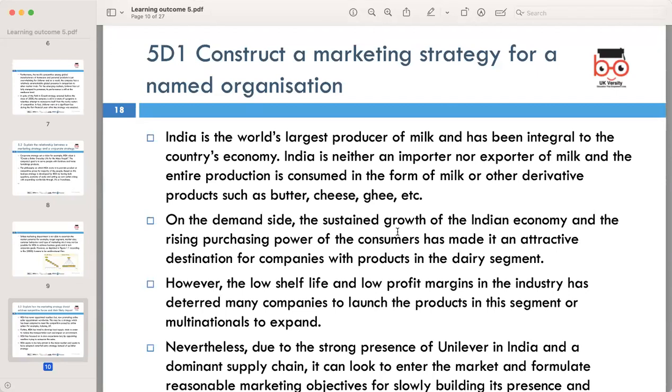However, challenges like short shelf life and profit margins have deterred many companies from entering the dairy segment. Nevertheless, Unilever's strong presence in India and its established supply chain position it well to enter this market. So the strategy should focus on formulating reasonable marketing objectives to slowly build a presence and expand across the country.